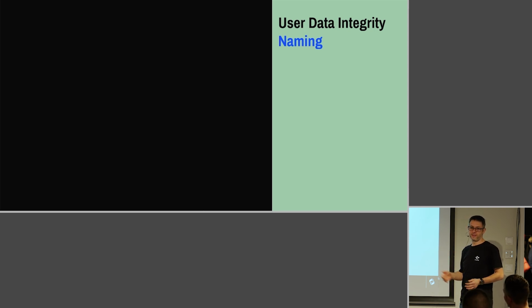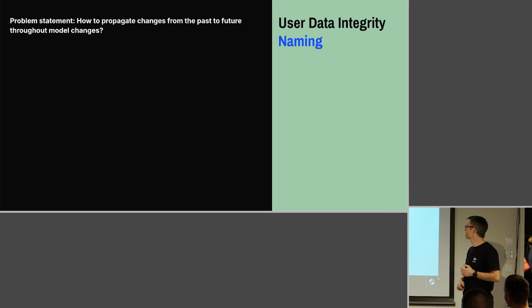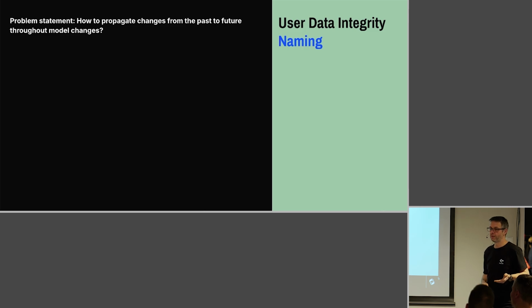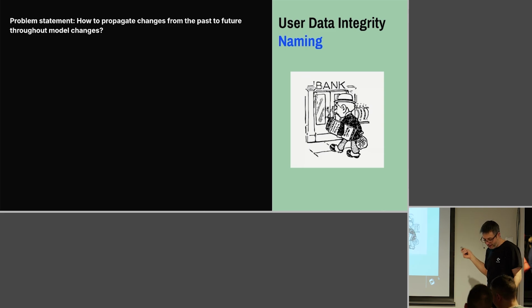In this new system, in the design history, we needed to introduce naming, because we needed to propagate changes from the past to the present throughout the model changes, and we needed to know from which topology the change came.